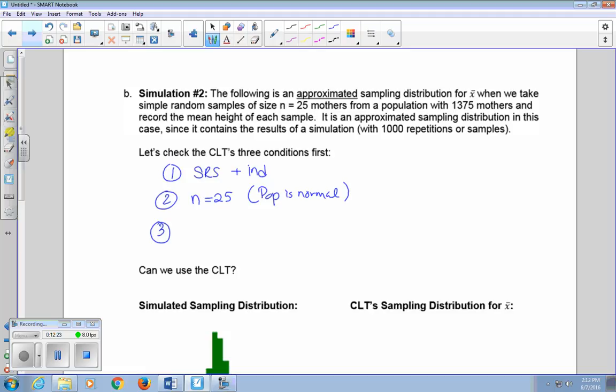And 3, is n times 10 less than 1375? The answer is yes. This would be 250, which is indeed less than 1375. So we've met our 3 conditions.